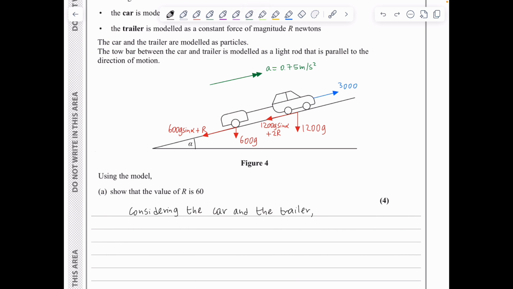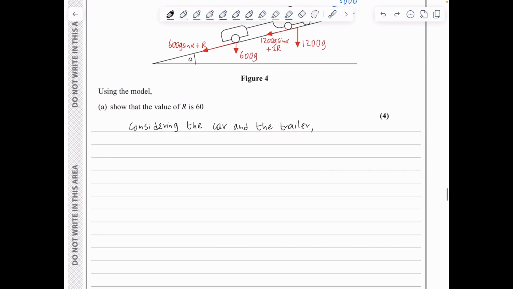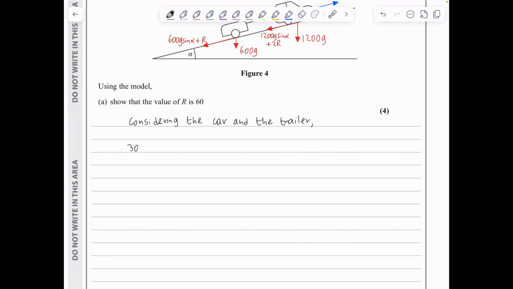So I'll be doing forces acting upwards minus forces acting downwards is equal to mass times acceleration. So we've got 3000 minus the 1200 G sine alpha plus 2R plus the 600 G sine alpha plus R is equal to 1200 plus 600, which is the combined mass, times the acceleration of 0.75.